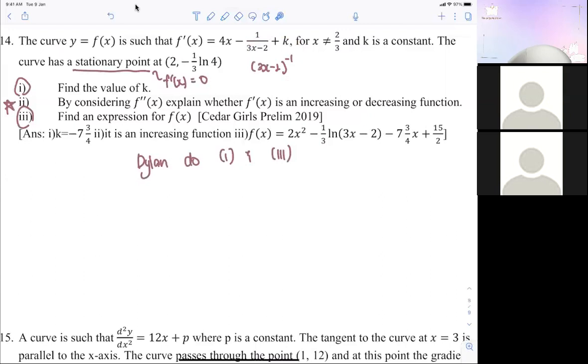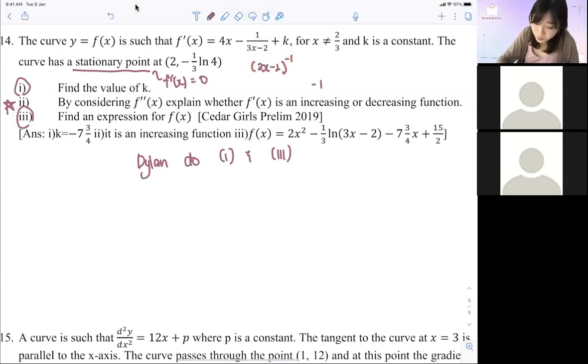Wait, if you're differentiating, what happens when the bracket becomes power 0? Does it become 1 or do you make it ln 1? When you differentiate this one, right? Method 2, power bring down, copy the bracket, power minus 1, times differentiate of the bracket. Wait, I thought the power must also be brought down. Yeah, method 2. Bracket power minus 1 will become 0.